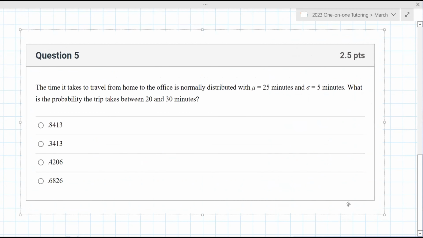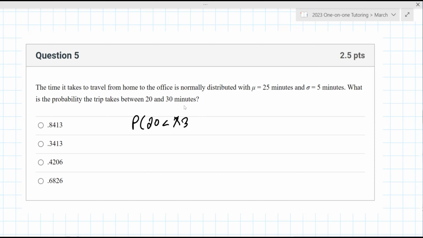The time it takes to travel from home to the office is normally distributed with mean 25 and sigma 5. What is the probability that the trip takes between 20 and 30 minutes? This is the probability that x is between 20 and 30. Mu is 25, sigma is 5.